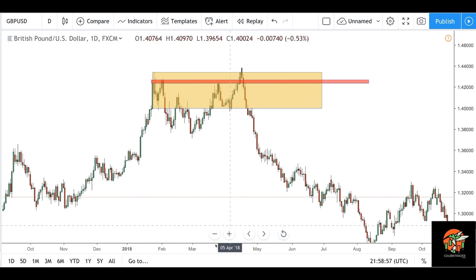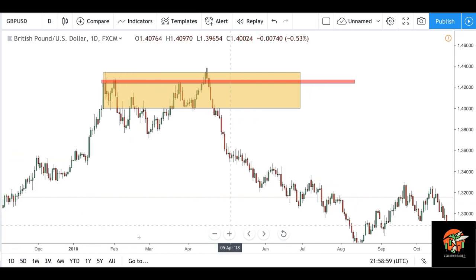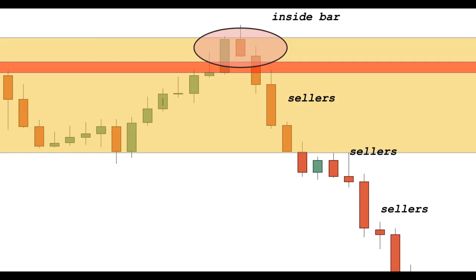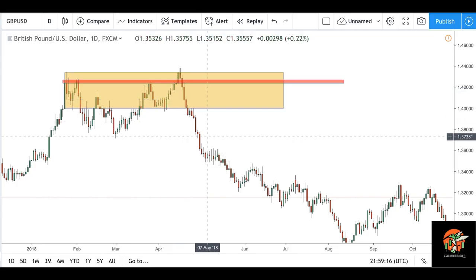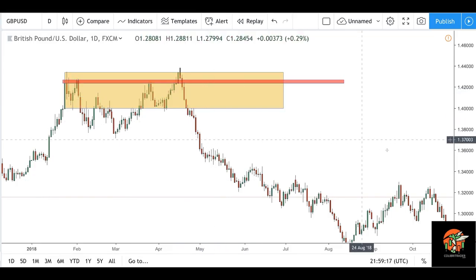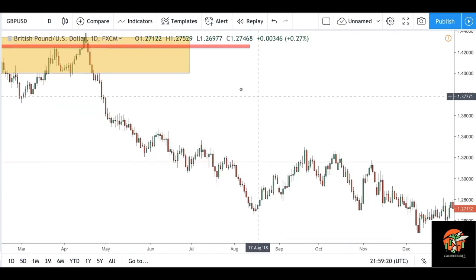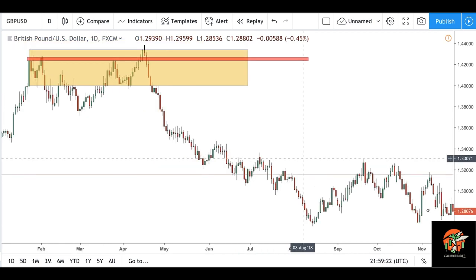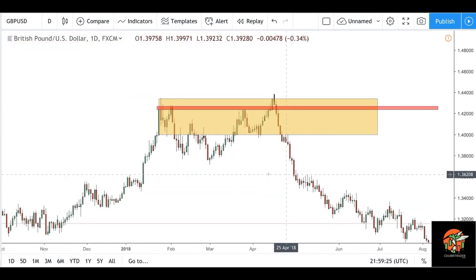Then what I'm looking for is a price action confirmation, or in this case rejection of this breakout, and it comes in the form of an inside bar, after which you can see that the sellers don't wait for a long time and they start selling straight away. This is the beginning of a massive downtrend, which goes on for the next year or so.